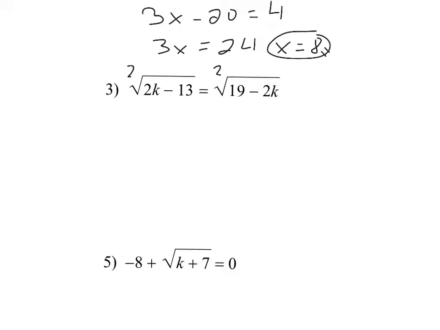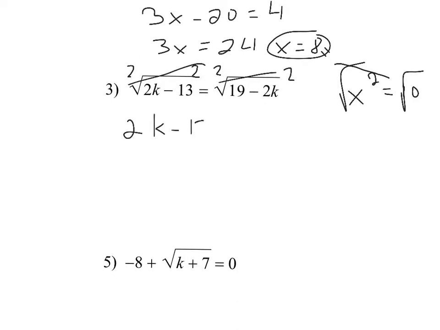When a teacher said x squared equals 10, you took the square root, because they undo each other. They are called inverse operations. You recall this from geometry. So same thing here: square the left side, but whatever you do to the left side, do it to your right side. So you get 2k minus 13 is equal to 19 minus 2k.